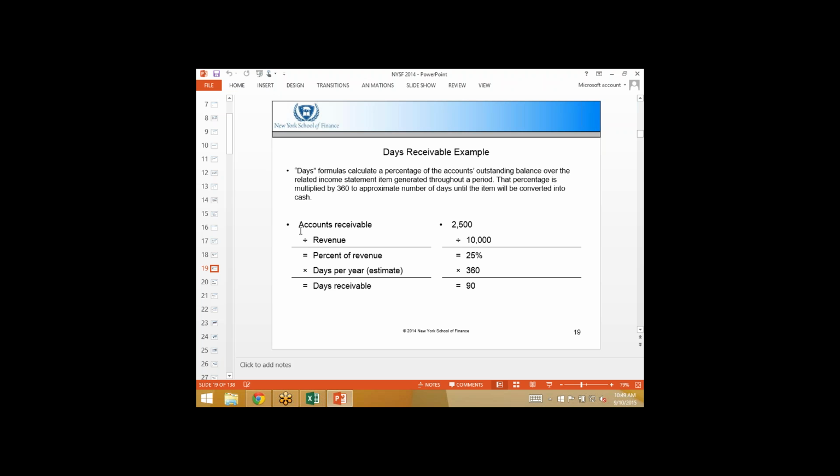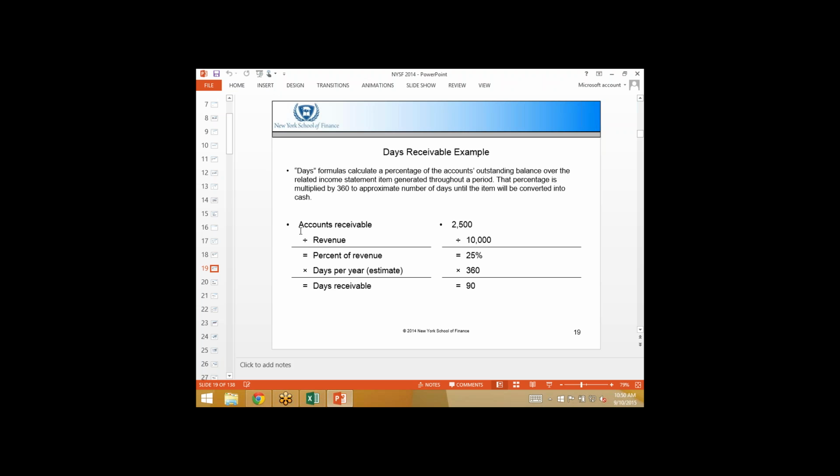And we use the example of days. So for example, if your accounts receivable was 25,000 but your revenue was 100,000, that means of your 100,000 in sales, basically 25% was on credit. And so we use this measure called days to extrapolate in a year. What does this mean with days of receivables or collections outstanding?